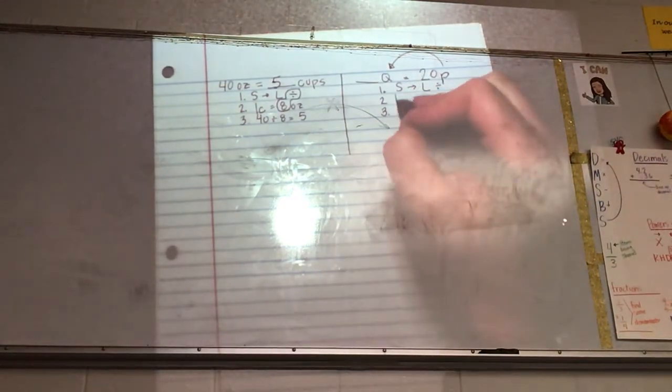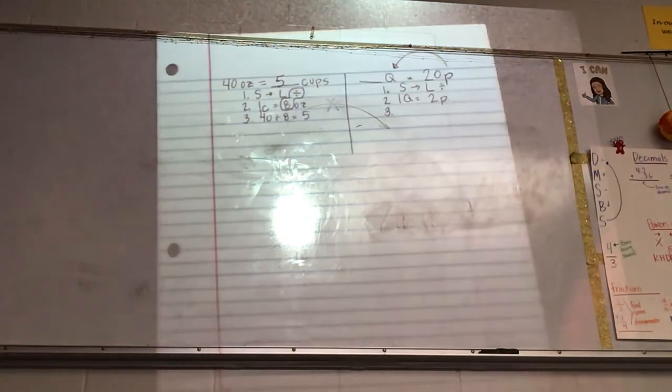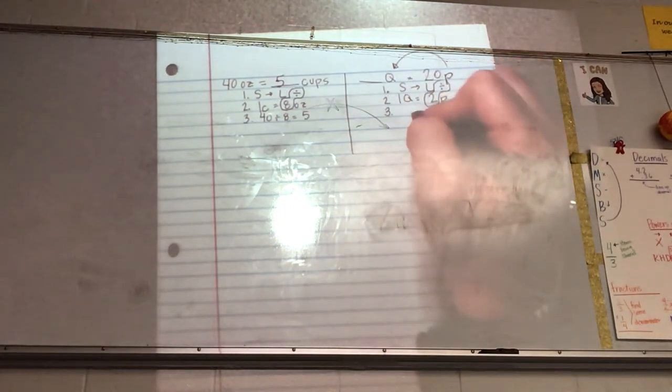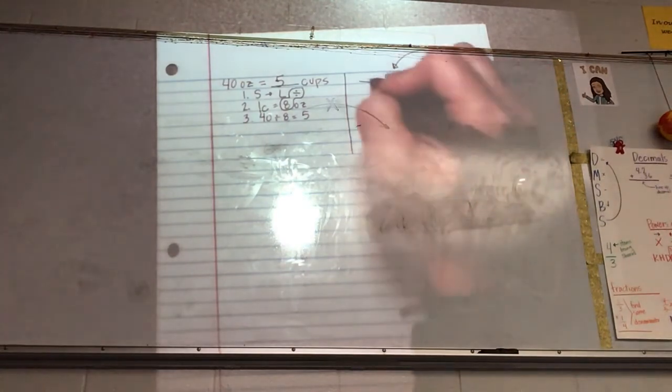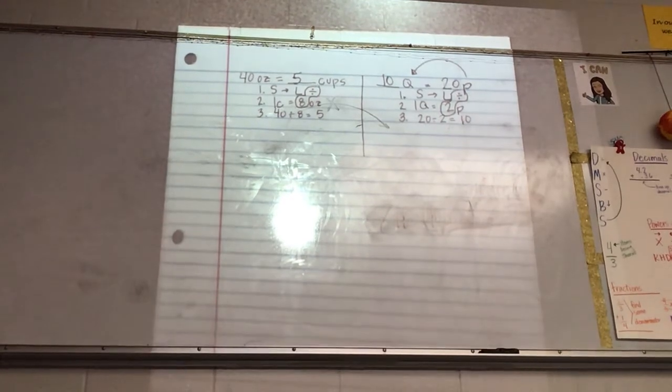In 1 quart, how many pints are there? 2. 2 pints. Looking at my big G, I can see that. So then I am dividing by 2. So 20 divided by 2 is 10, so 10 quarts. So if you go look at your big G, would that make sense?